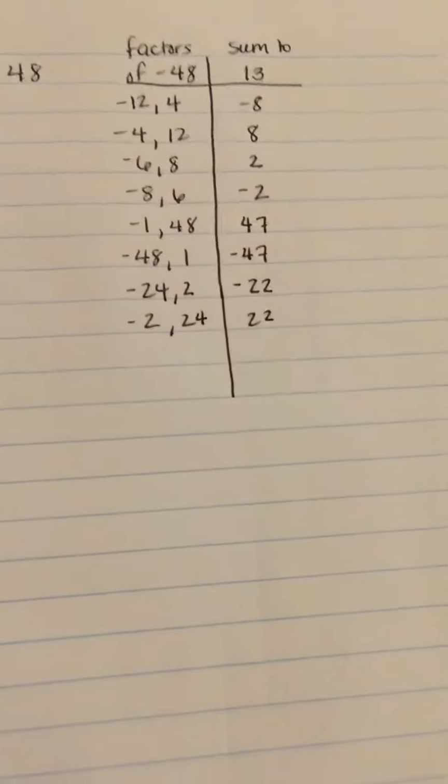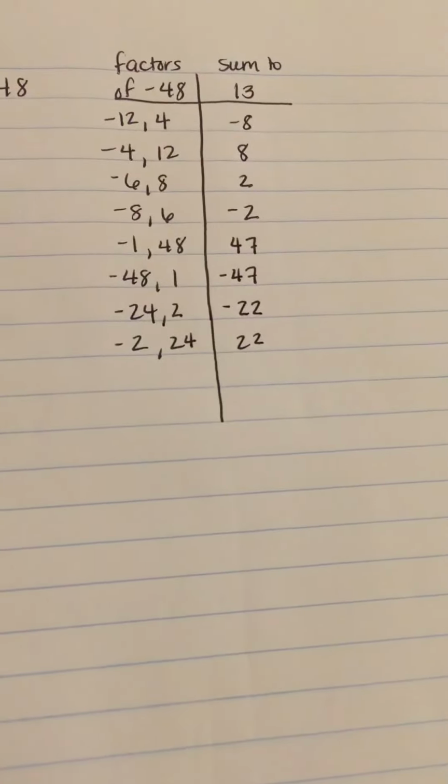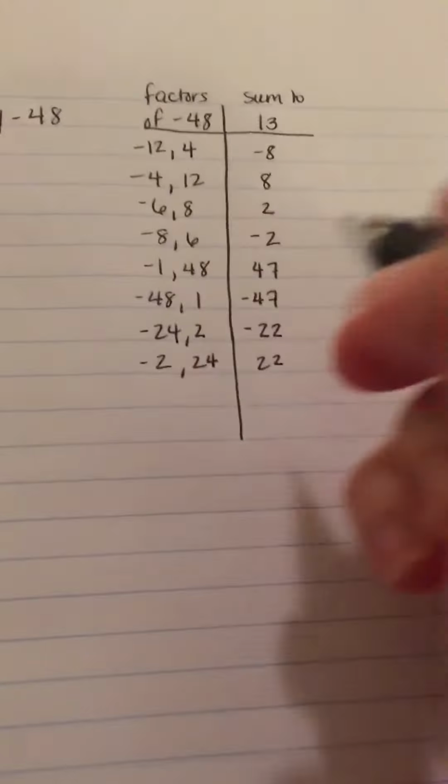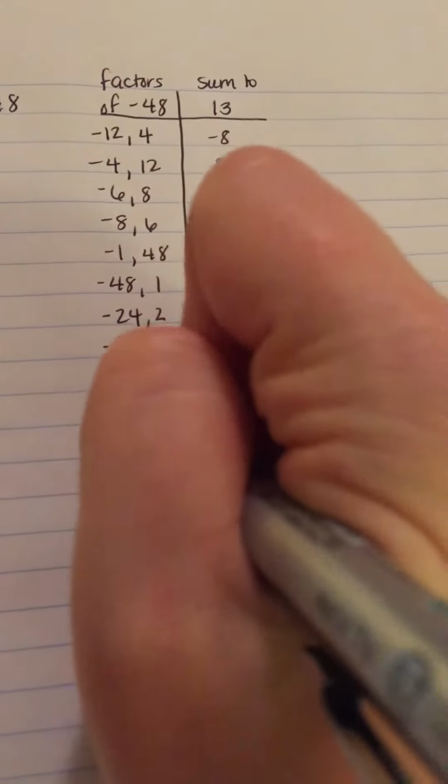So negative 24 and 2. Negative 2 and 24. Well, that gives me a negative 22, and that gives me a positive 22. So the only other factors I haven't tried yet are negative 6 and 8 and negative 8 and 6.